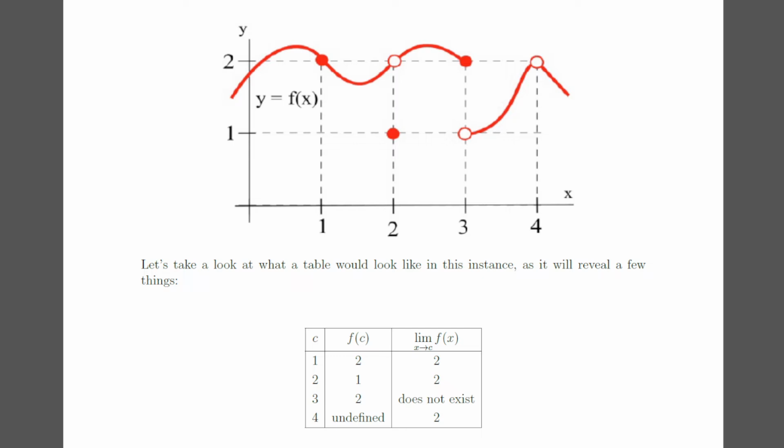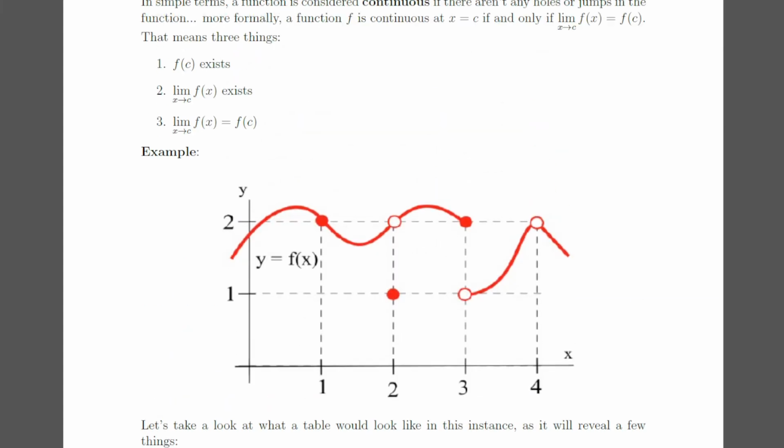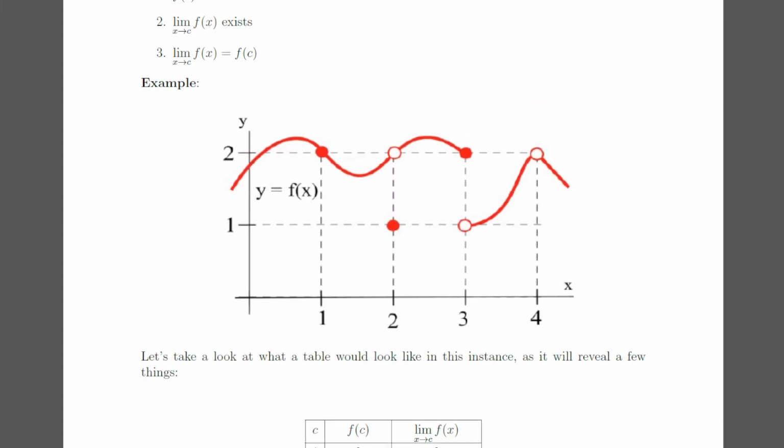Now let's look at 2. At x equals 2, I have a hole there. Because of that hole, the function is not continuous. If we look at the formal definition, f of c, where c is 2, when I evaluate the function at 2, it's going to actually equal 1. I don't know if you can see my cursor here.